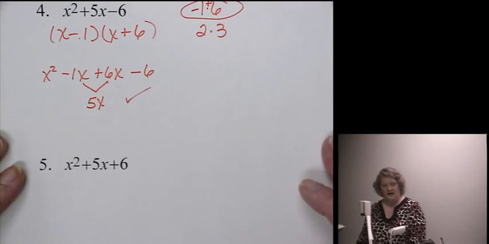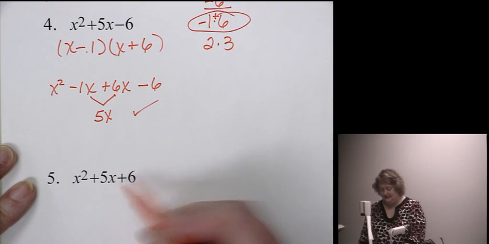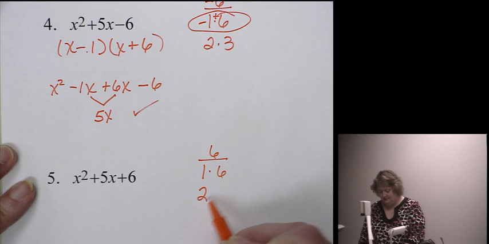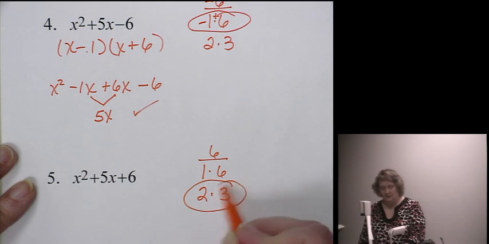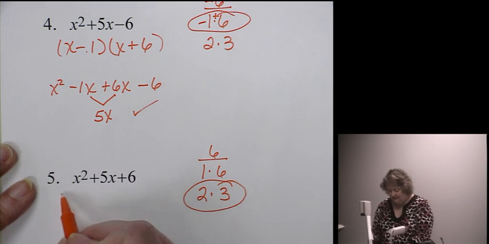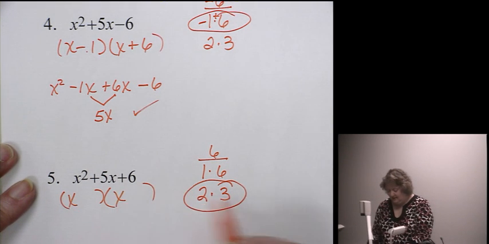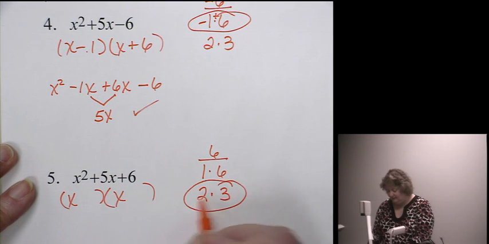Now notice this one right here looks the same, but it's got a plus 6. So we want to add to be 5 this time, so we're going to choose the 2 and the 3. And because it's a positive, both signs will be the same as the middle.